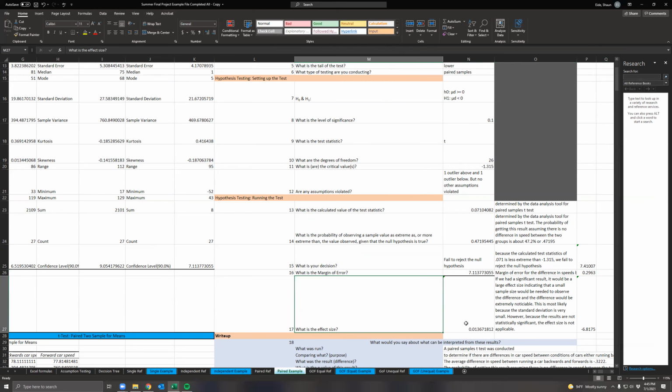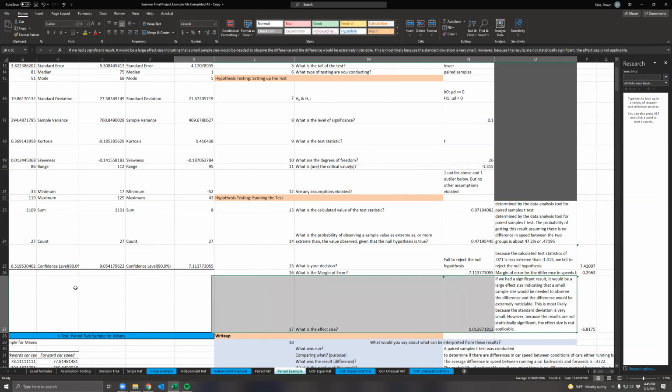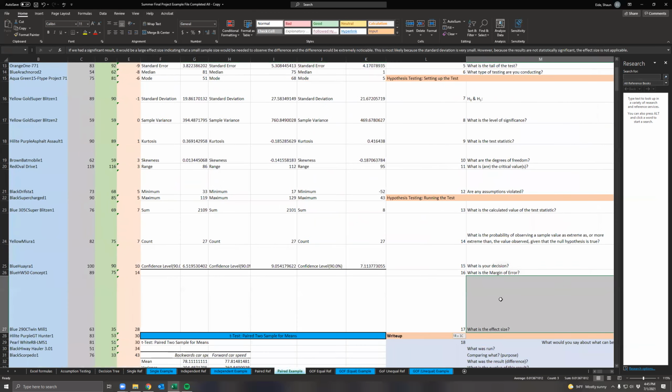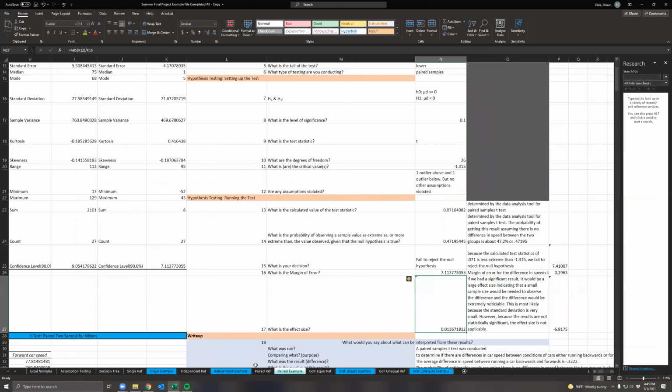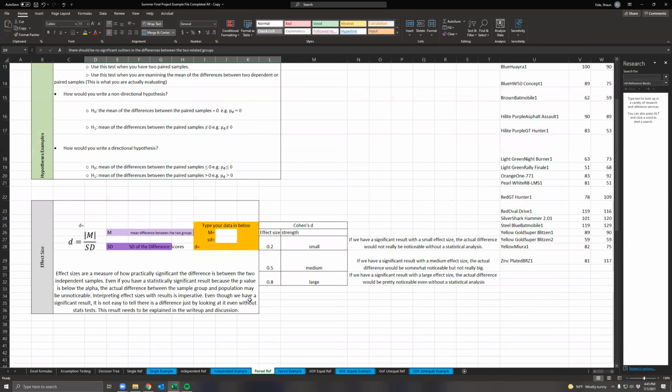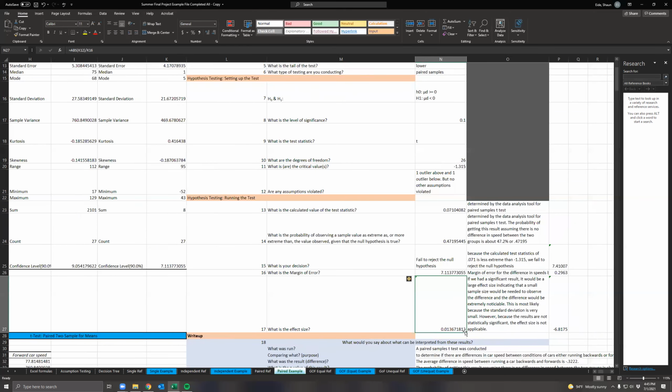Then what's the effect size? Once again, I've got to redo this one over here, but let's take a look at how to calculate the effect size. So we're going to look at the effect size right here. It's the mean divided by the standard deviation. So what is the mean?